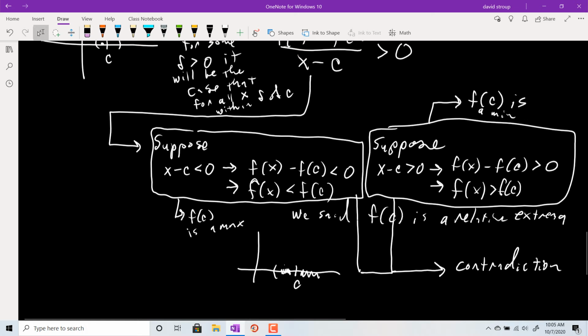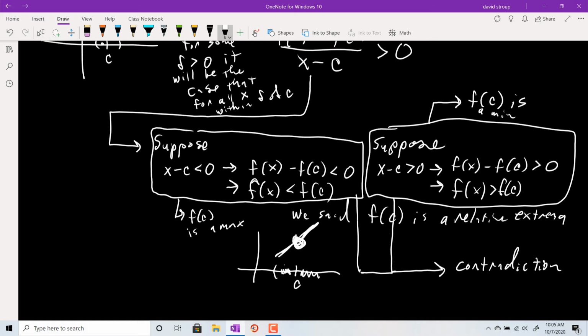I mean, coming in on this direction, it's below, and then it hits here, and then it goes kind of above. That's what this is saying. The first supposition is saying this side of it is below, and the second supposition is saying the other side is above. There's no way that this thing could be a max or a min if you've supposed that the derivative is greater than 0.